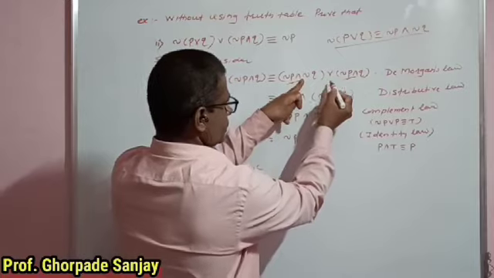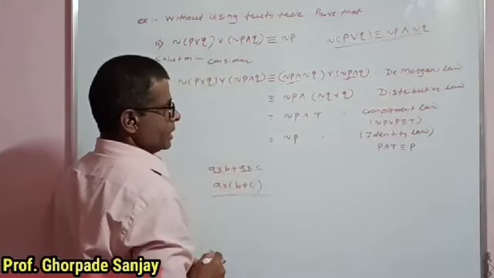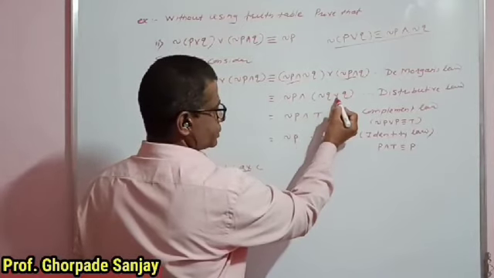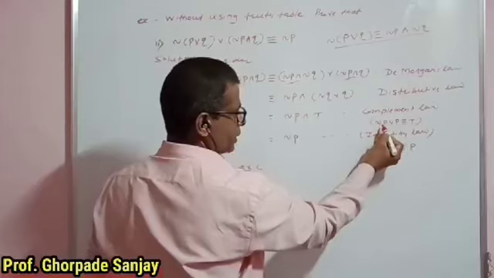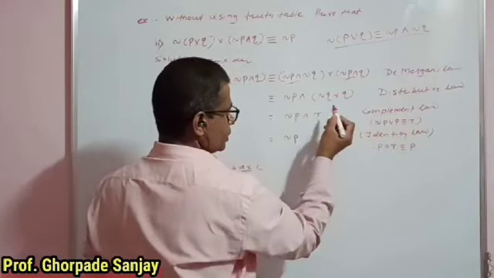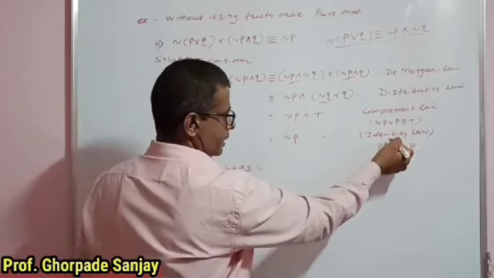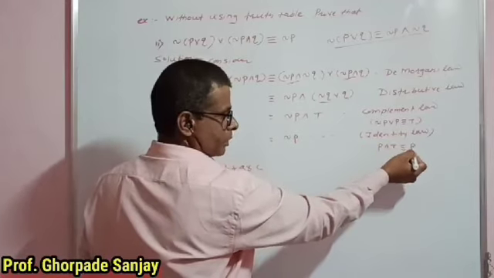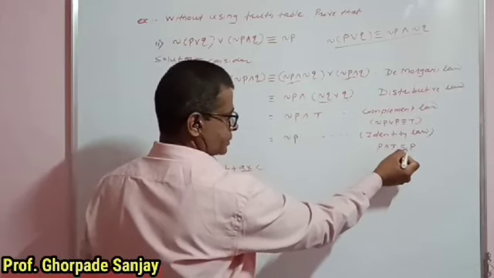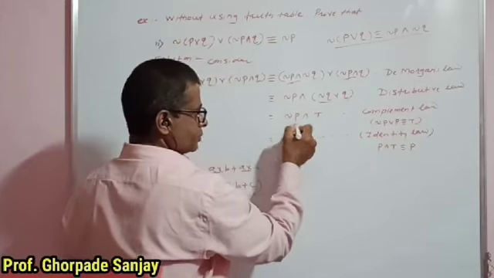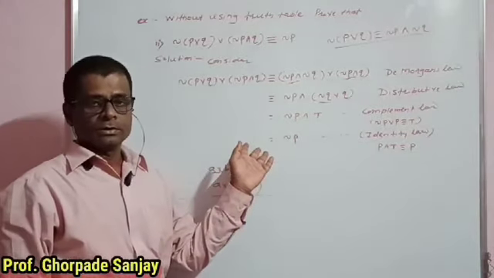Negation of Q, disjunction Q. So by distributive law. Then what is negation of Q disjunction Q? It is T, by complement law. What is complement law? Negation of P, disjunction P is what? T. So like that it is T. Then again by using the identity law, P conjunction T is what? P. So if P conjunction T is P, then negation of P conjunction T is what? Negation of P. So that is nothing but your right hand side.